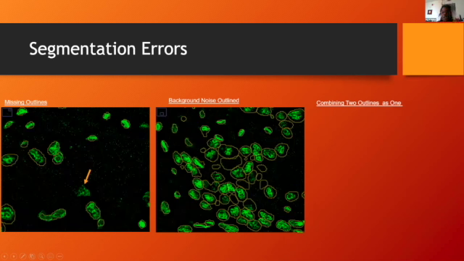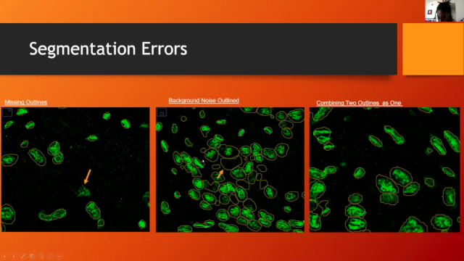So it's not either a cell nuclei or a membrane, which I would have to go in and delete. And then the last thing is two cell nuclei being combined as one, and you can see it here and here. And this is just due to the closeness of the proximity of the cells, or the algorithm failed to realize it was two cells.